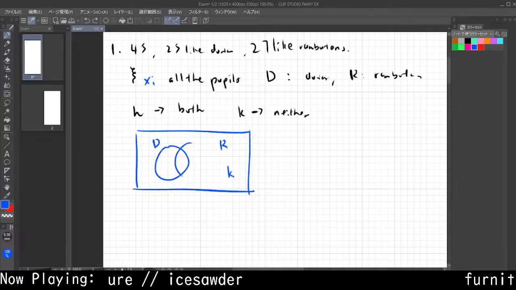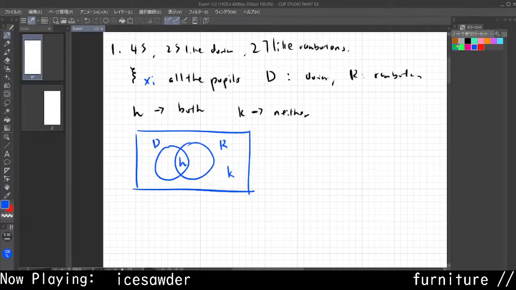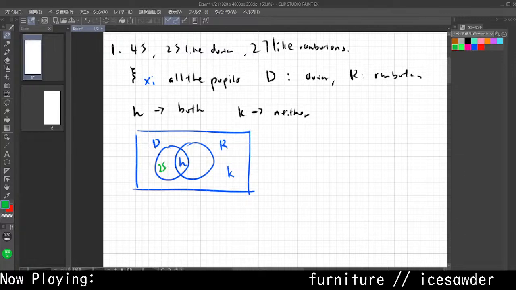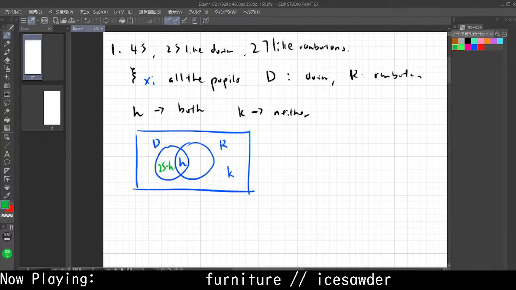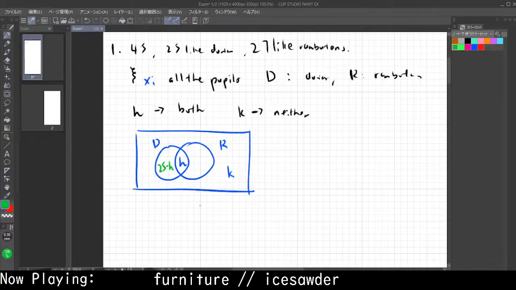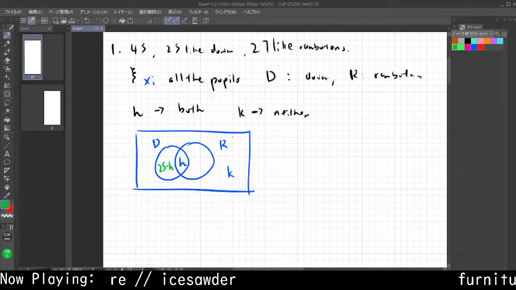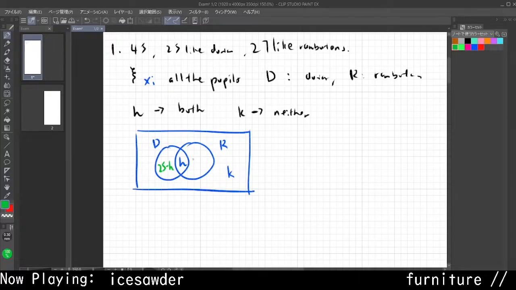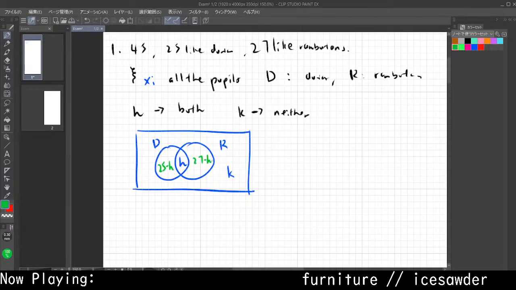Okay, H. So over here your durian is 25 in total, so the ones that only like durian without being in the middle will be 25 minus H. Then the ones who like only rambutan will be 27, the entire circle, minus H. So you get this.